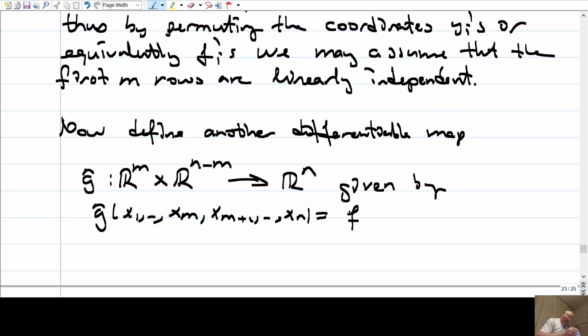Here I have f̂ of x1 up to xm, and then I add to this the following. I have zeros, and then these new coordinates xm+1 up to xn.